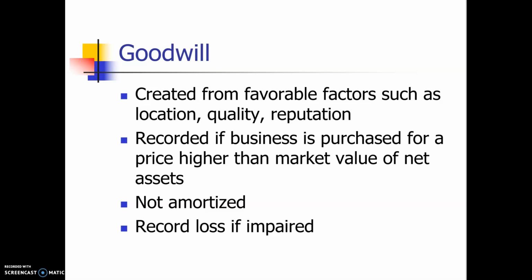So we wouldn't amortize it because hopefully you will keep the business going and you won't lose that value. Okay? But if you did do the testing, again, there are accounting standards that tell you how to value the goodwill. And if you see that it has declined, you would record a loss from impairment.